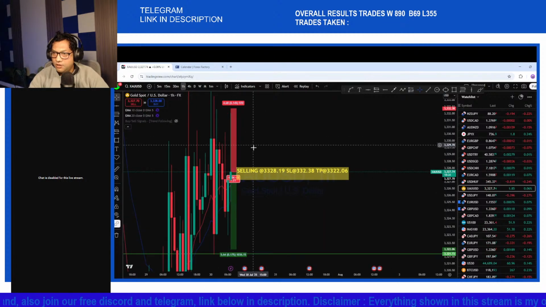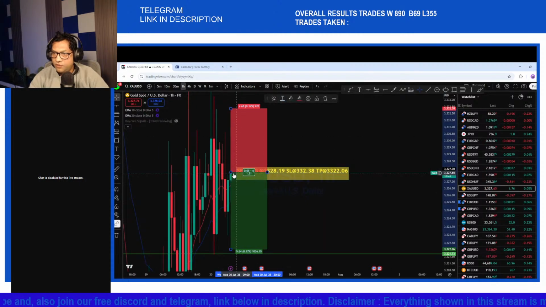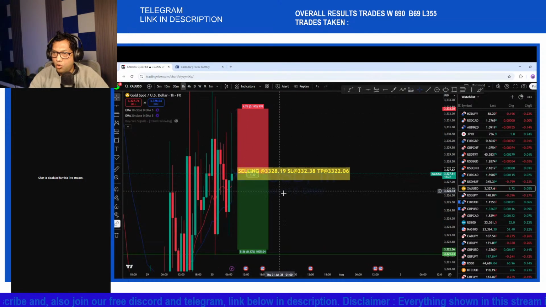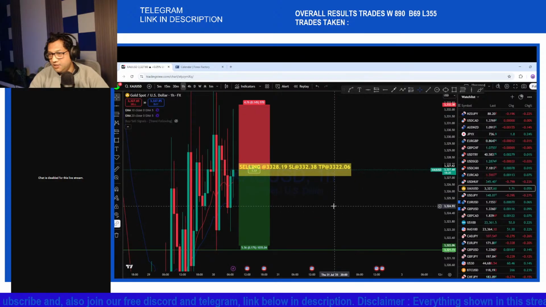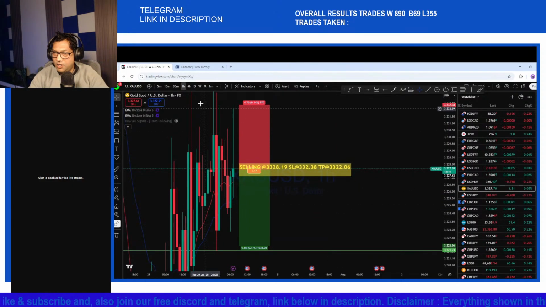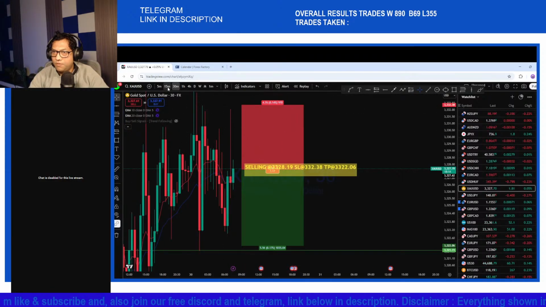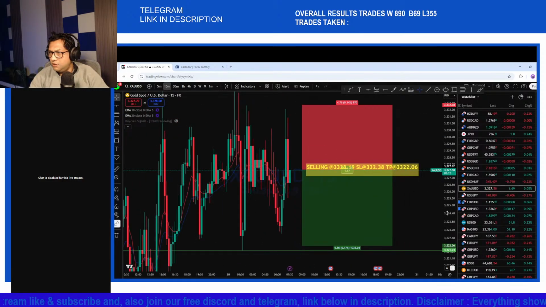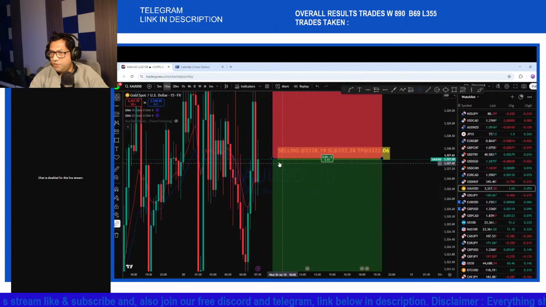If you look at the 1 hour here, we see there is a long wick rejection, and I think that this candle potentially remains bearish in that area, and there is a 15 minutes close coming.